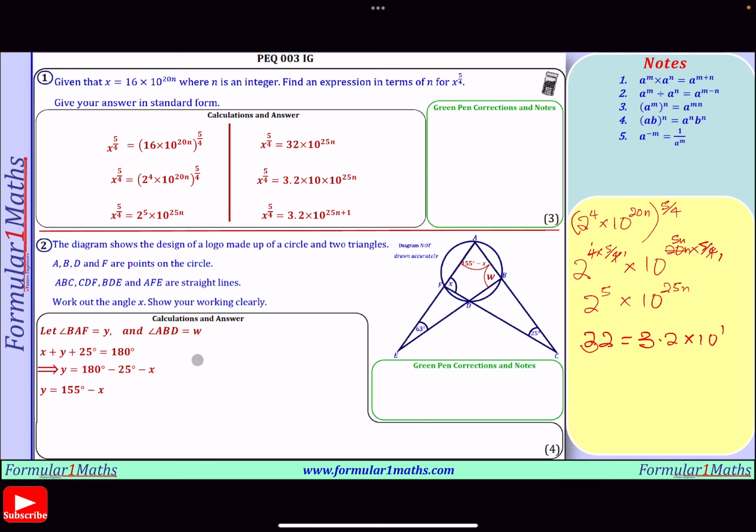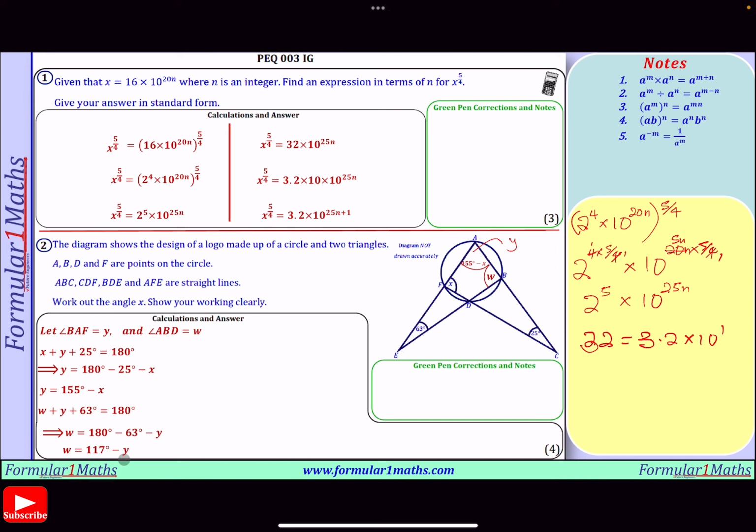We now turn our attention to triangle ABE, and we can see that w plus y, which was here, plus 63 is equal to 180. If you make w the subject, we're going to get w is equal to 180 minus 63 minus y. And this can simplify to w is equal to 117 minus y.